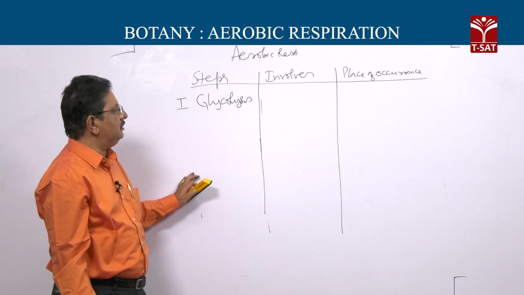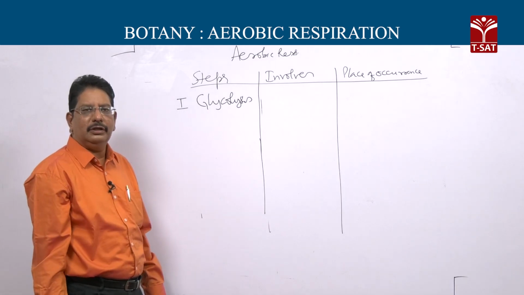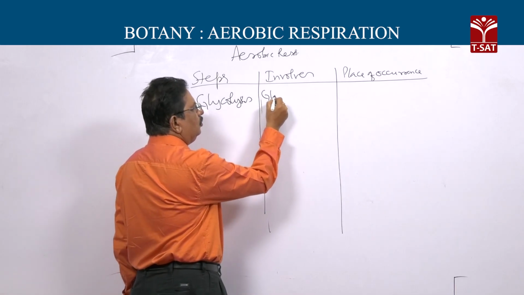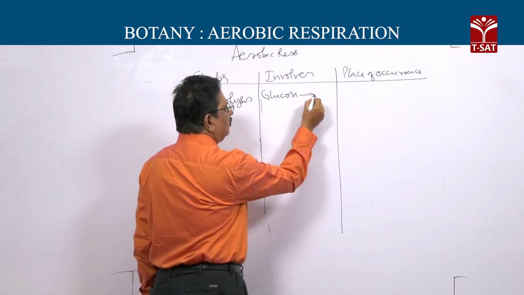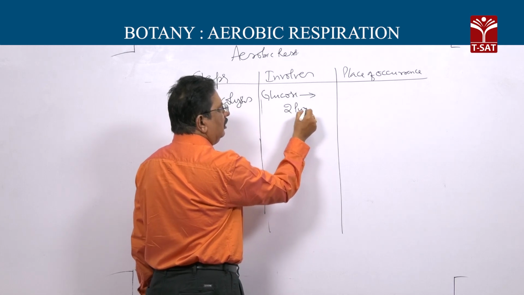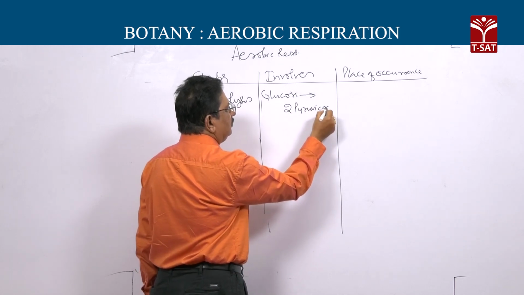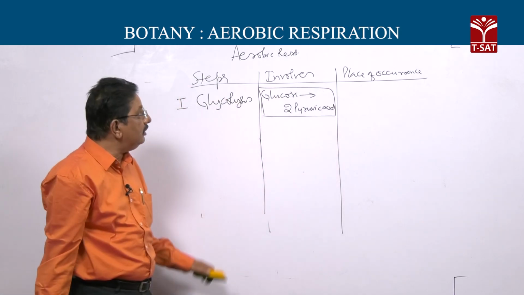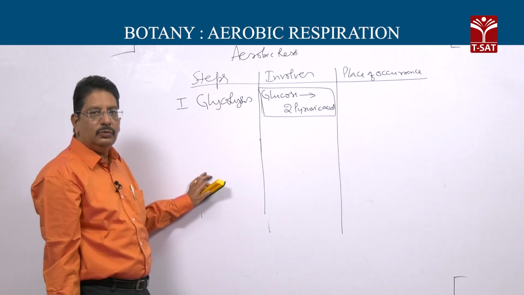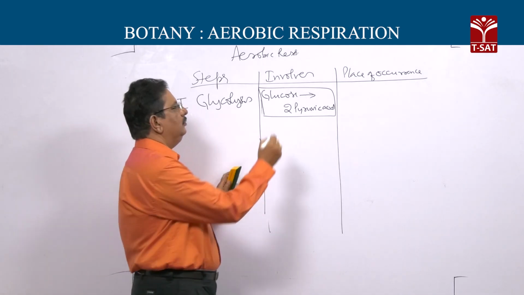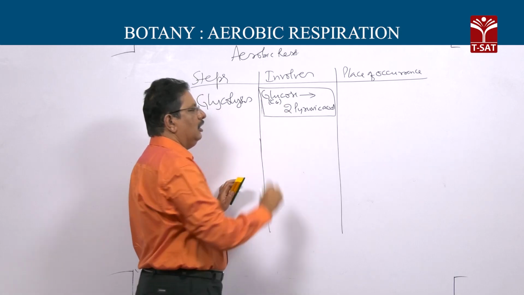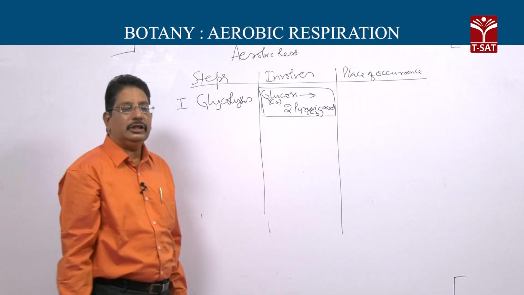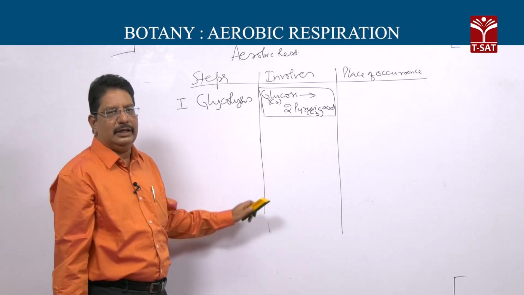This is the process where the glucose molecule converts into two molecules of pyruvic acid. So, simply, glycolysis, the first step of aerobic respiration, involves conversion of glucose, a C6 compound, into two molecules of C3 compounds called pyruvic acids.